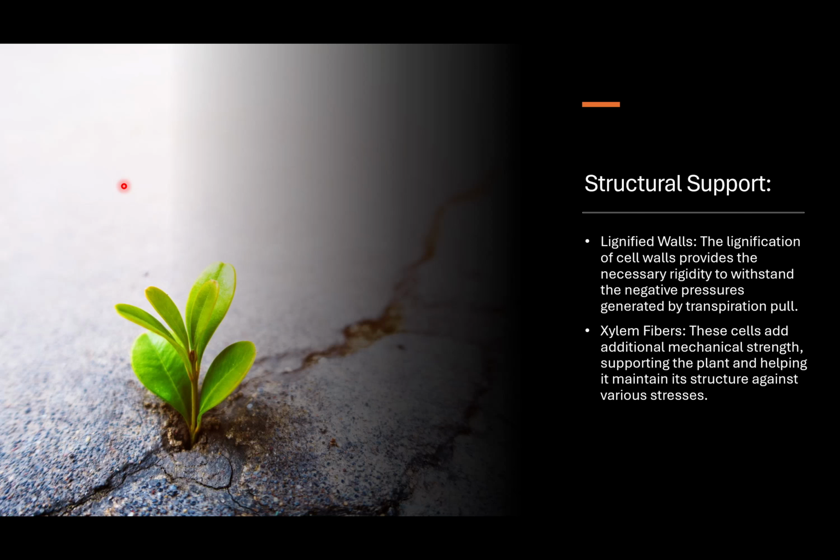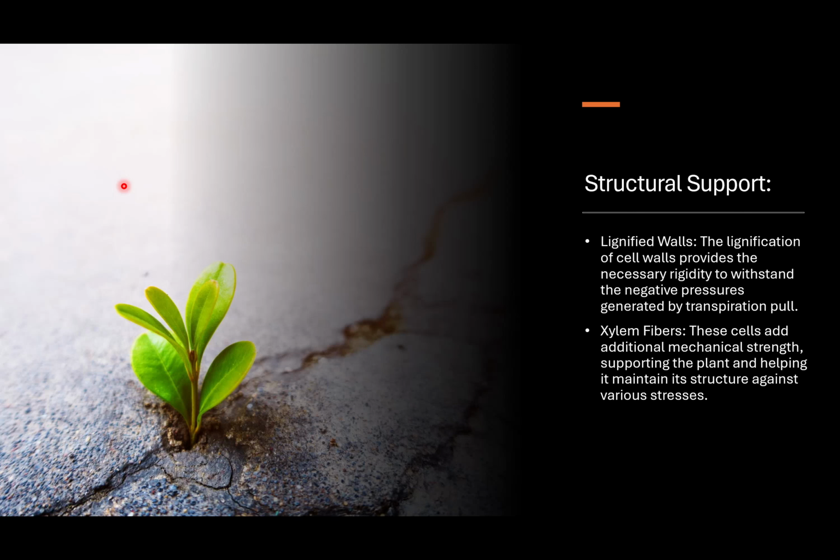So it provides additional mechanical support or strength for the plant itself, right? So it provides that strength against gravity, that would bring it down, and to provide some amount of strength to the xylem vessel specifically, so that they aren't easily ruptured under high water pressures caused by transpiration pull.